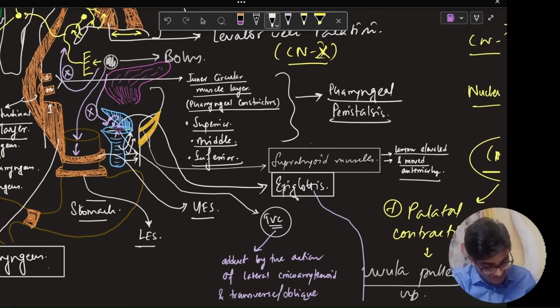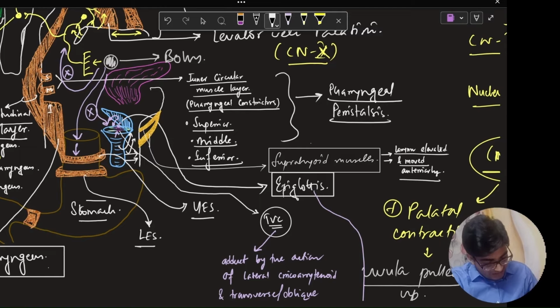So what happens? The pharyngeal peristalsis by means of the inner circular muscle layer, and the outer longitudinal muscle layer causing elevation of the larynx as well as the pharynx. The suprahyoid muscles also elevate the larynx as well as move it anteriorly.